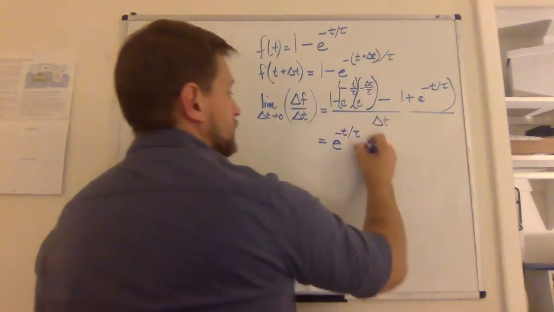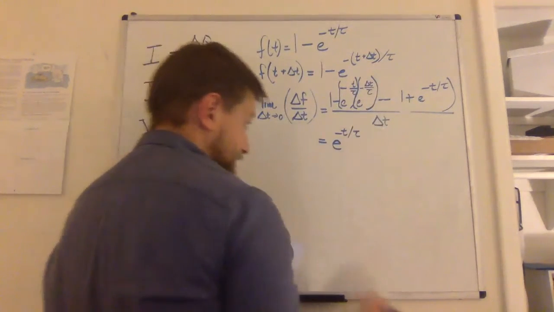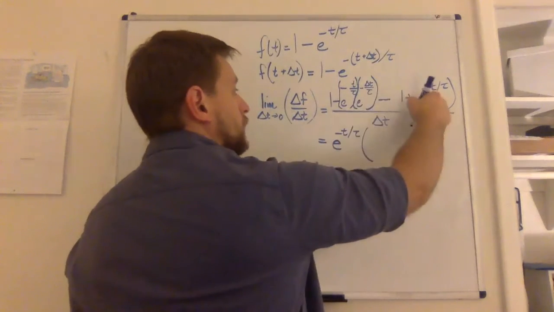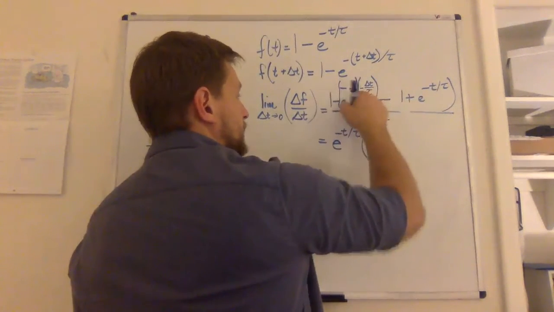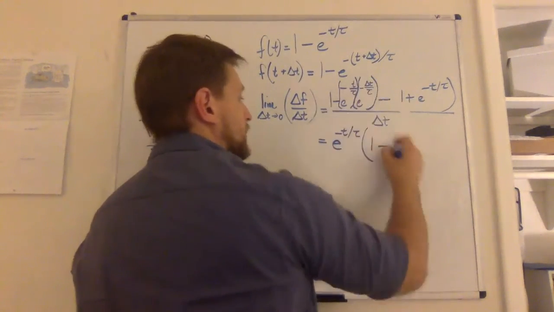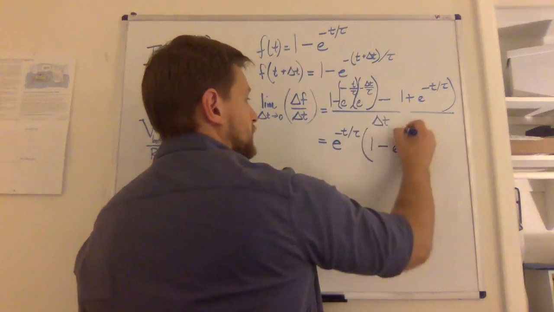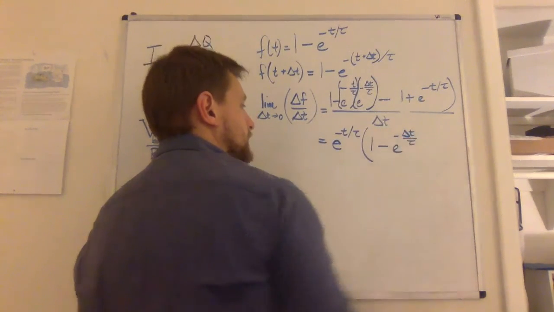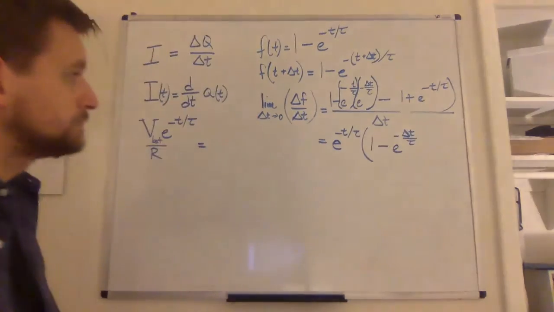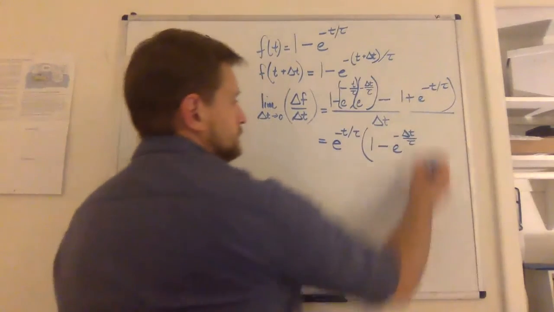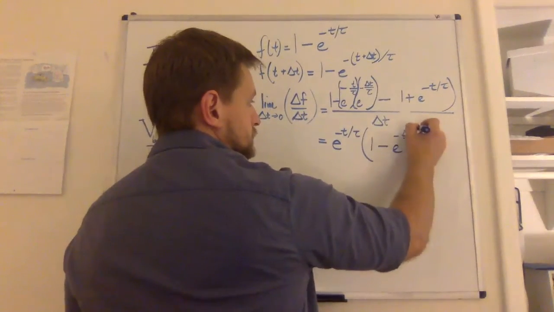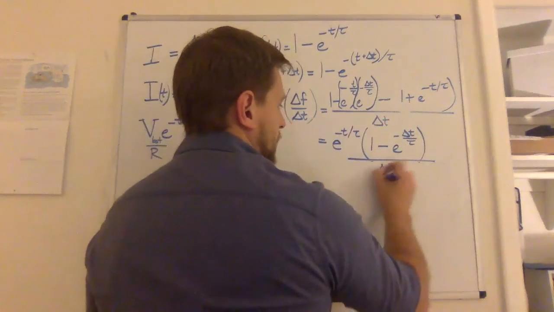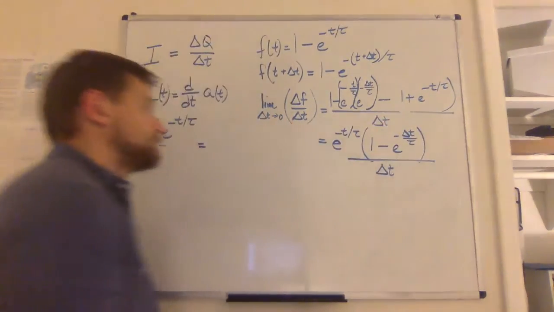What we're left with: we got one from here, minus one of them from here, minus e to the negative delta t over tau. You still got to divide by delta t.